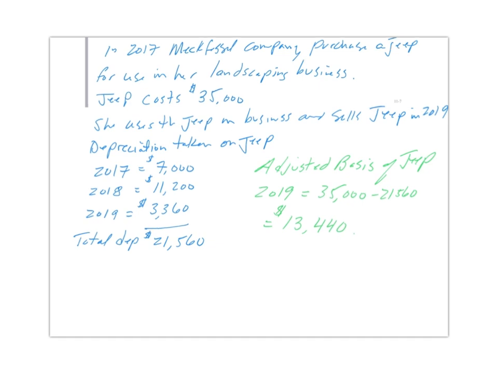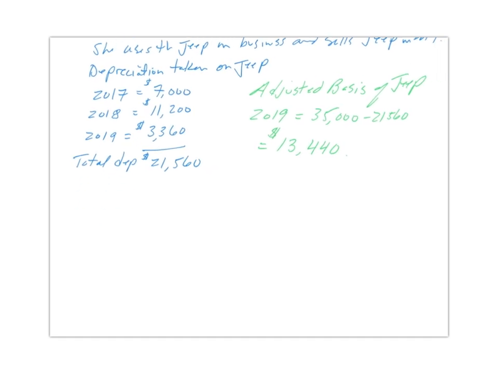Okay? Now, let's assume, all right, so we sell the Jeep in 2019 for $20,000.